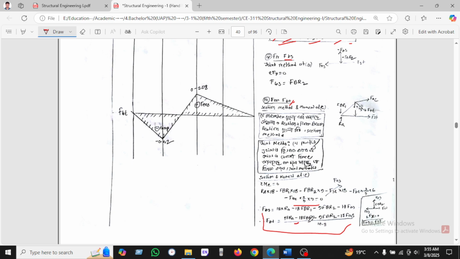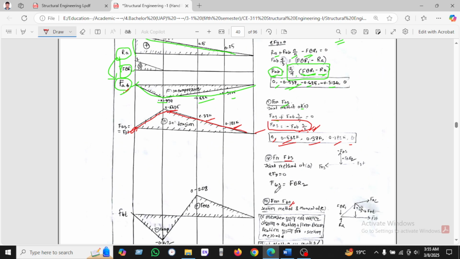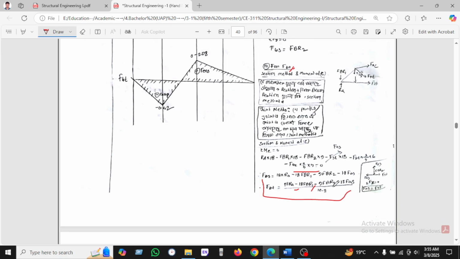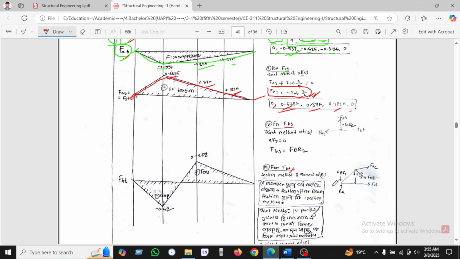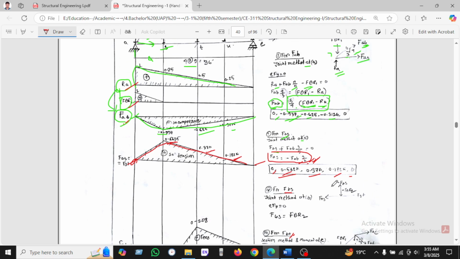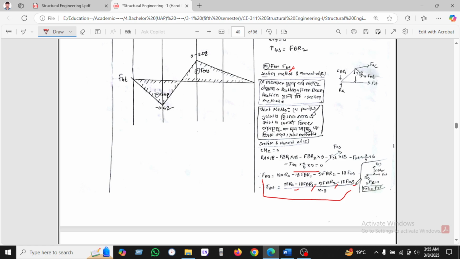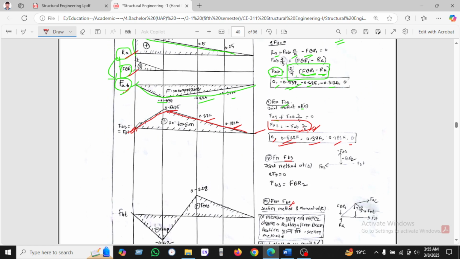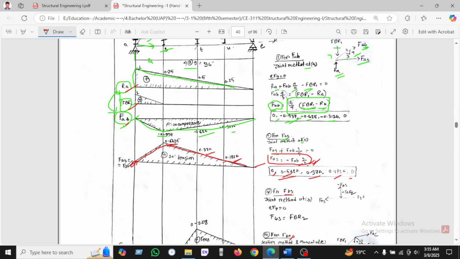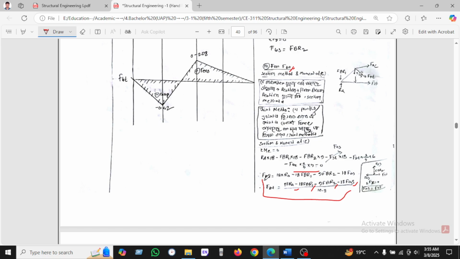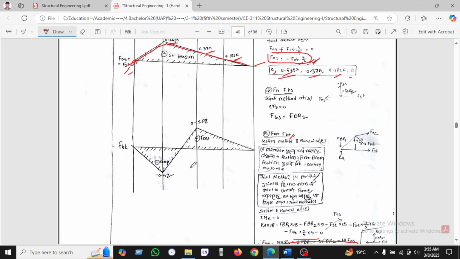You can see RA, floor beam 1. RA we have already drawn, floor beam 1 we have drawn, and we need floor beam 2, and FAS we have already taken here. After putting in these values, we will find this diagram.